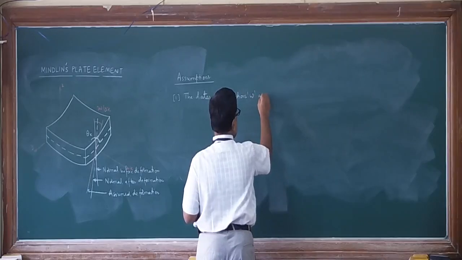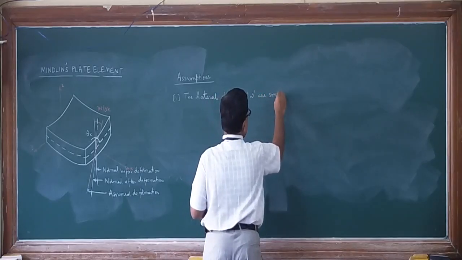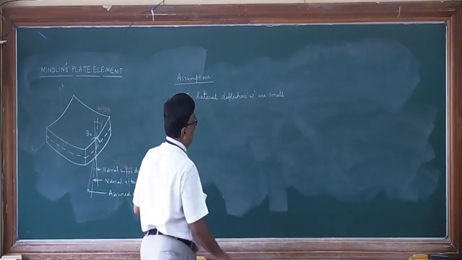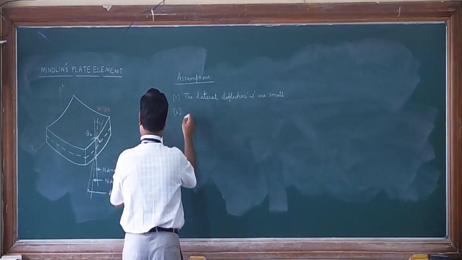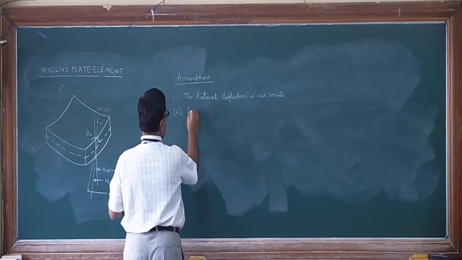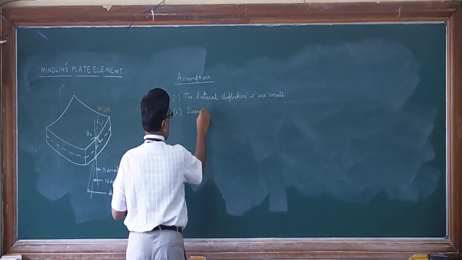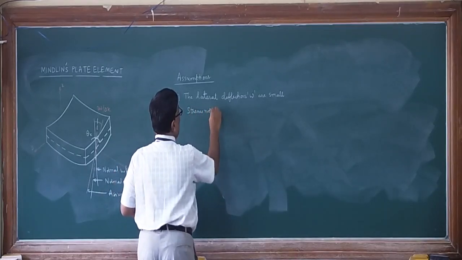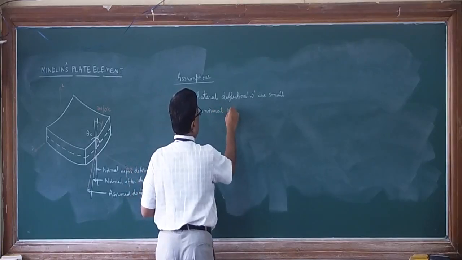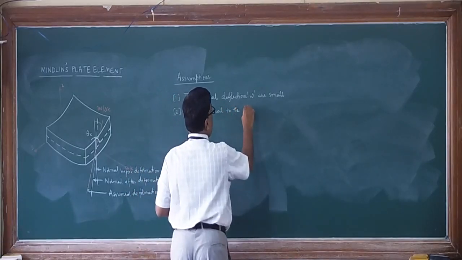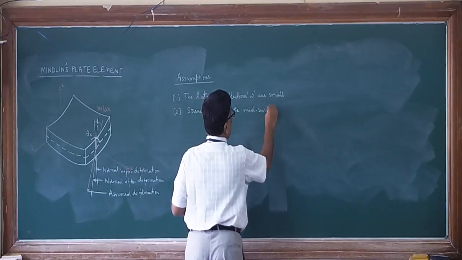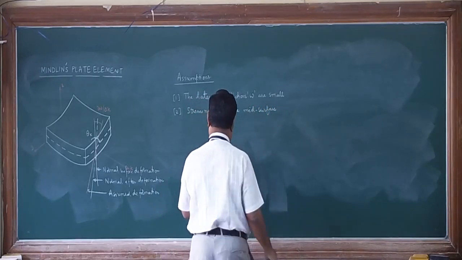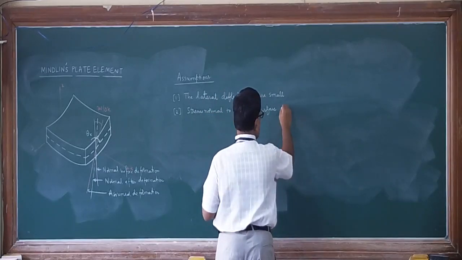Deflections w are small. That is why it is a thin plate with small deflections, you can say. And the second one is stresses normal to the mid surface are negligible.